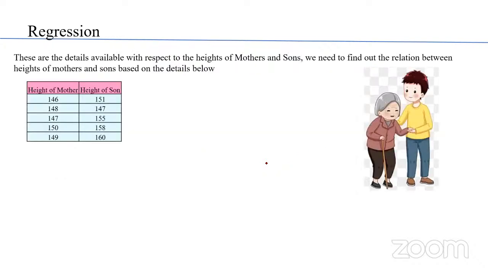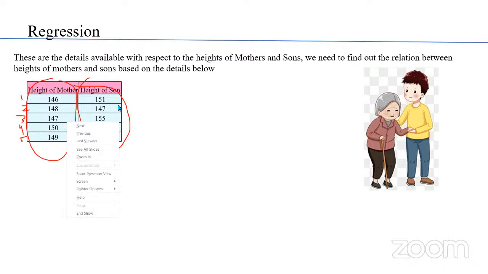If you see in this case, like the first problem which we have seen, I have taken only 5 samples. So sample number 1, 2, 3, 4, 5. And here we just wanted to find, is there any impact of the height of the mother on the height of the son? So here we are trying to find the regression equation with only one variable. We are assuming that the height of the son is dependent on the mother's height.